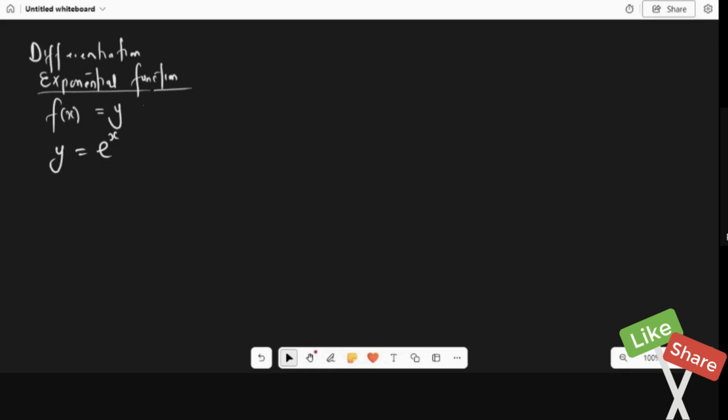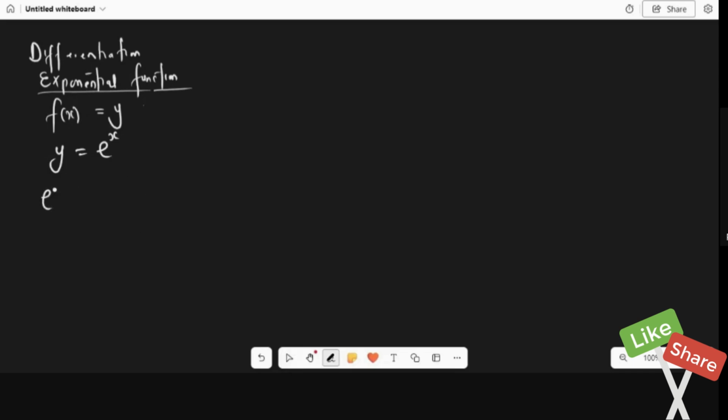Whenever we have e to the power of x, we have a series expansion form in order to define an approximate value that is close to the exponential of x. We don't know what the actual value is because it has no end.